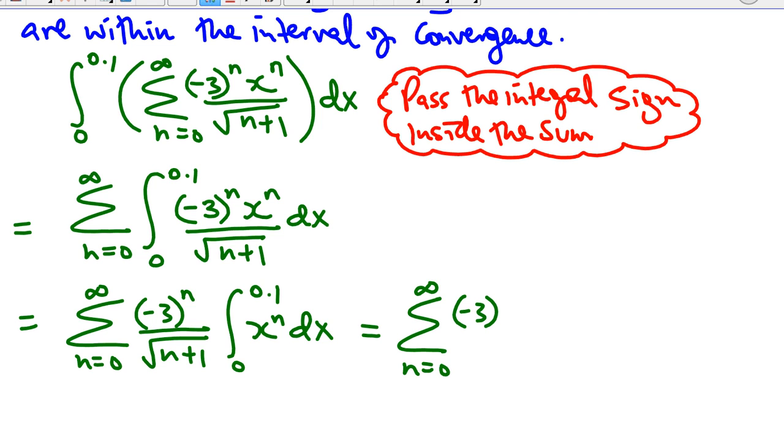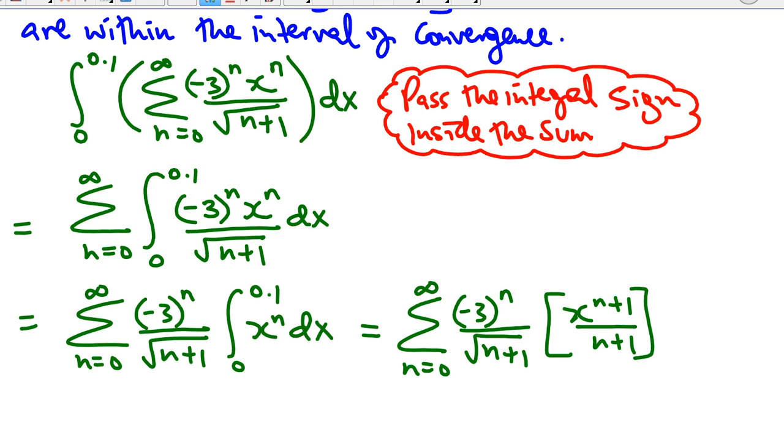You can just use the reverse power rule, because remember, we are integrating. So the integral of this will just be x to the power n plus 1 over n plus 1, and the limits are from 0 to 0.1.